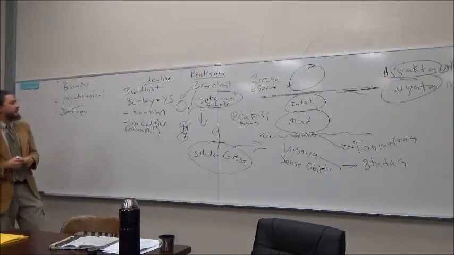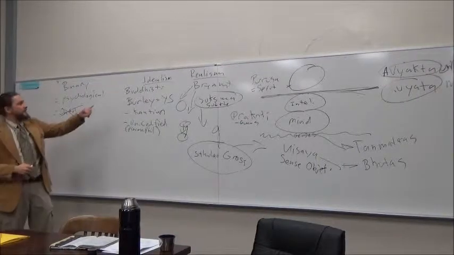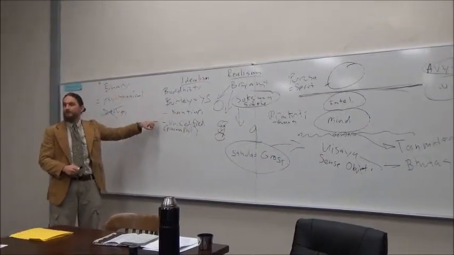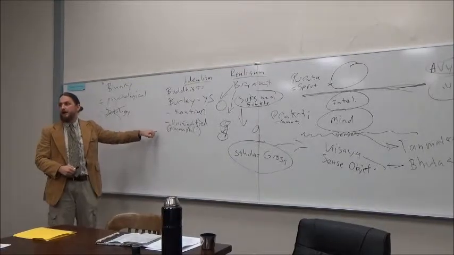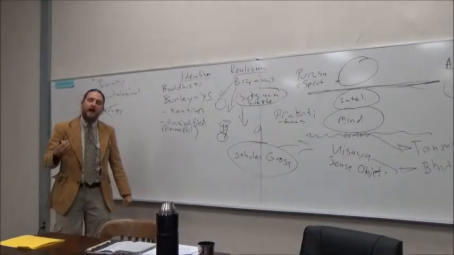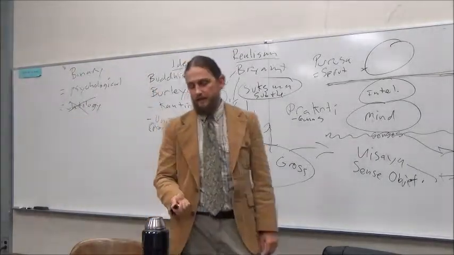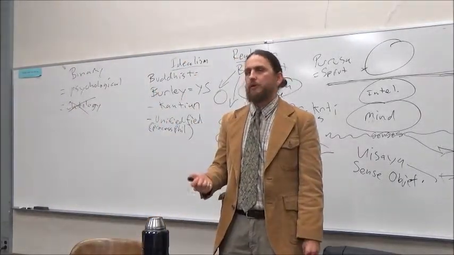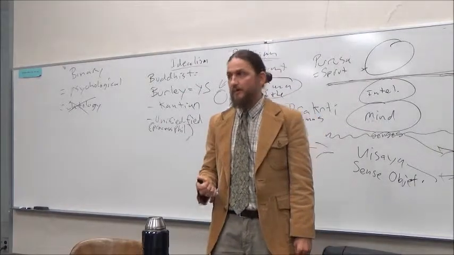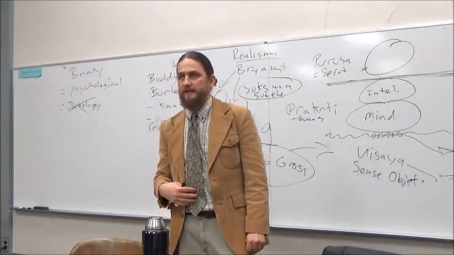As far as I can tell, Buddhist idealism is defined by Bryant in many of the same ways and understood by the commentators. I haven't yet translated the commentators' work on this section. It's something I want to do, so I'm taking a lot of Bryant's word for things.